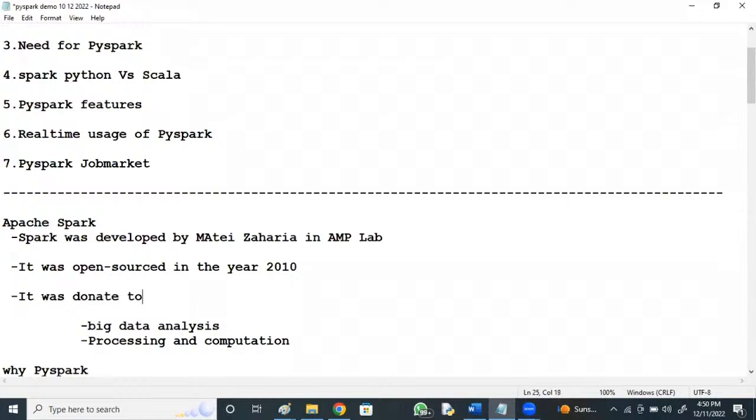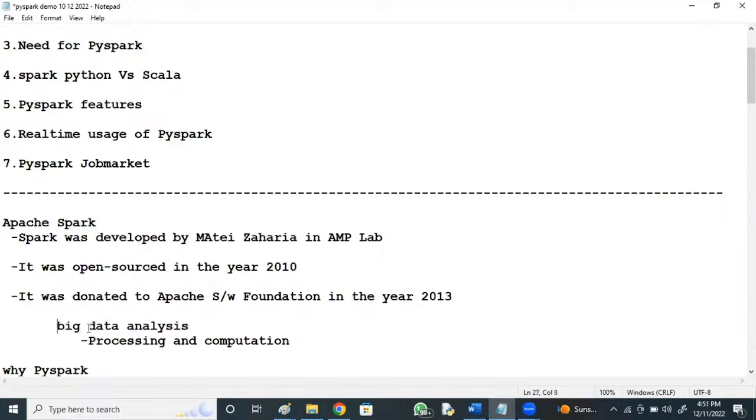It was donated to the Apache Software Foundation in the year 2013. So it was open sourced in the year 2010, and donated to Apache Software Foundation in the year 2013, used for big data analysis, processing and computation.